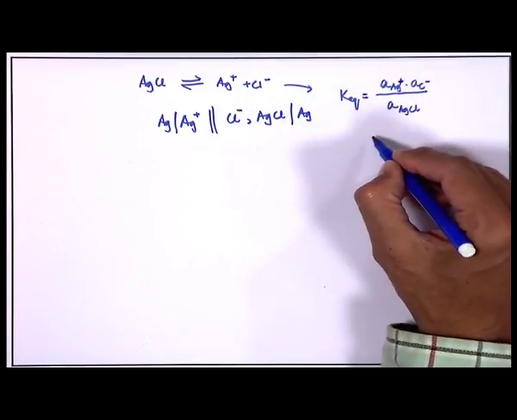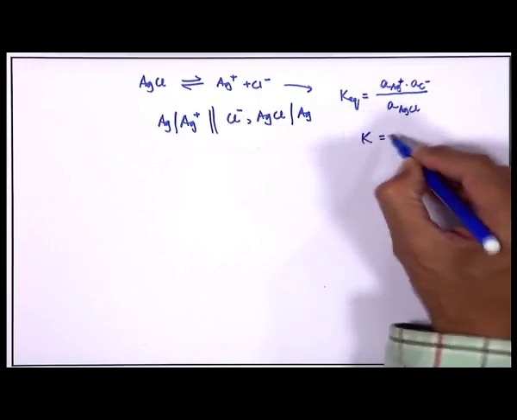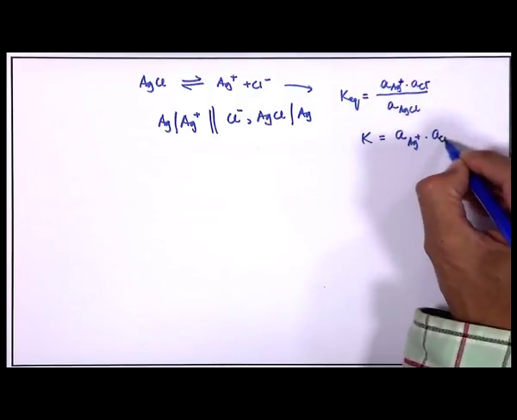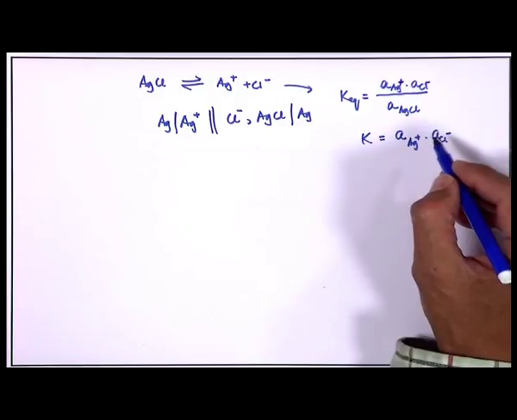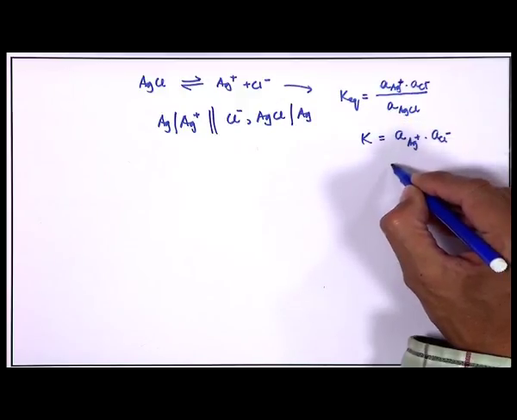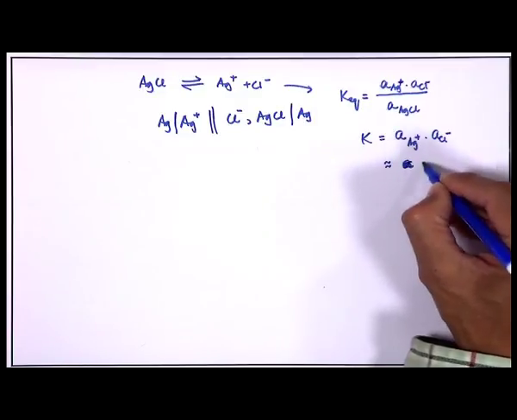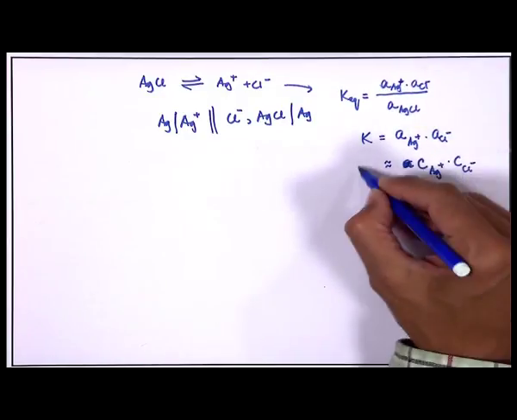So, K is equal to the activity of Ag plus times the activity of Cl minus. It is called the activity product, and for a dilute solution, of course it is dilute because the solubility is known to be low and the corresponding concentration is very low, you can replace it with the concentration of Ag plus times the concentration of Cl minus, and that gets you Ksp.